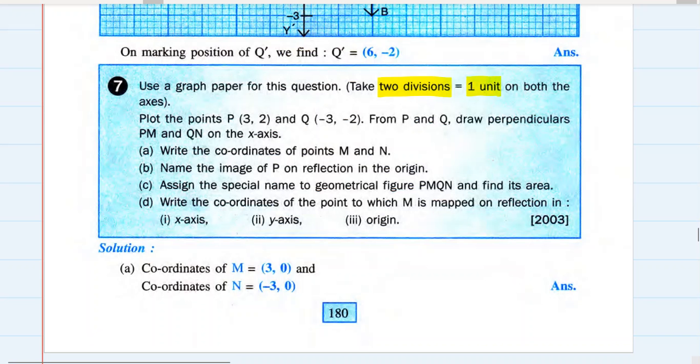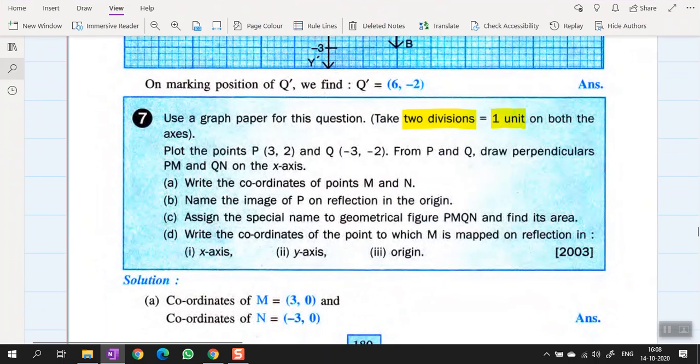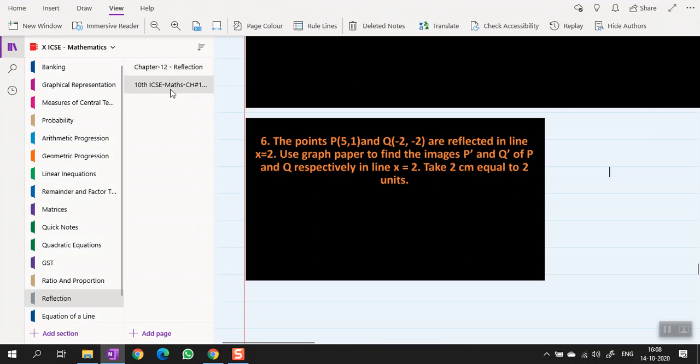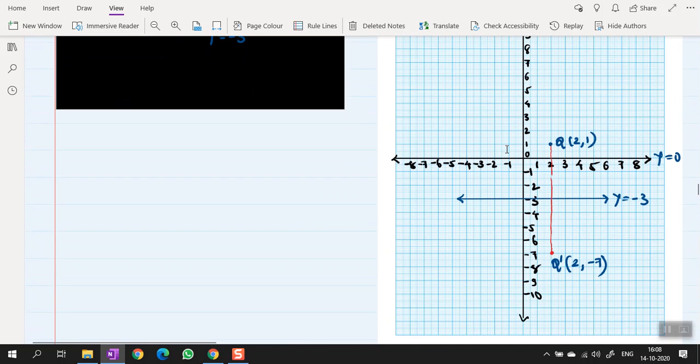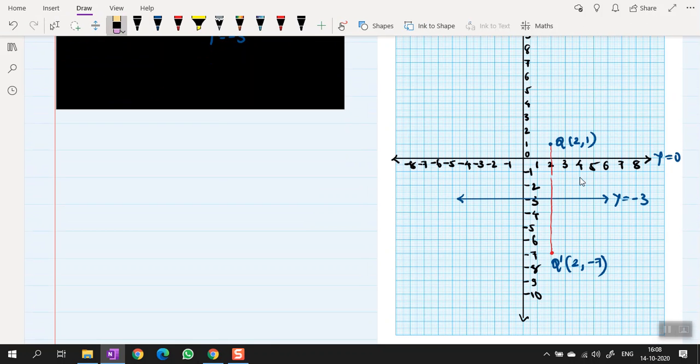So on your graph paper, let me show you my graph paper. On your graph paper, when your scale is changed, let me just erase this because I need to change my scale and take 2 centimeter as 1 unit, I think.